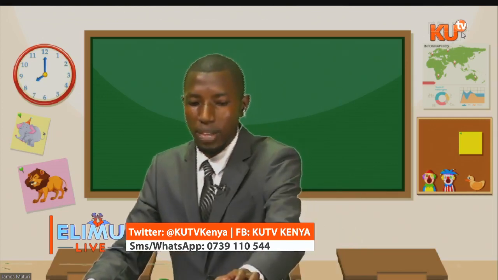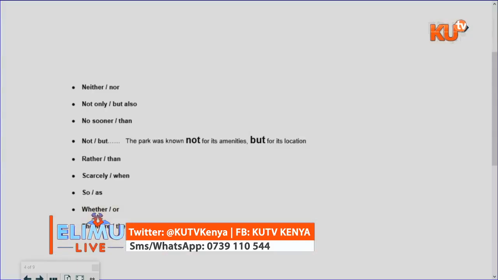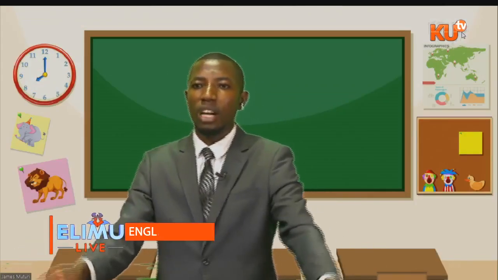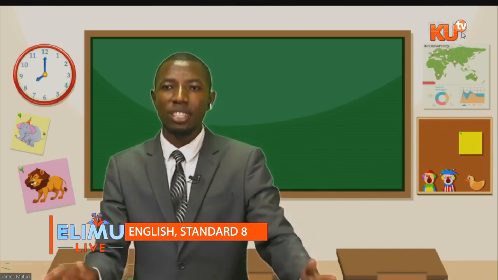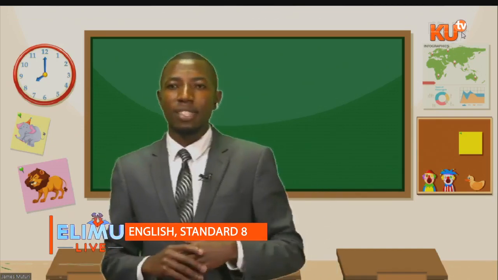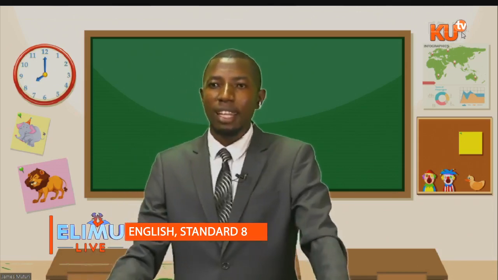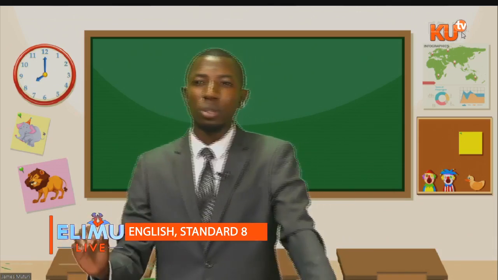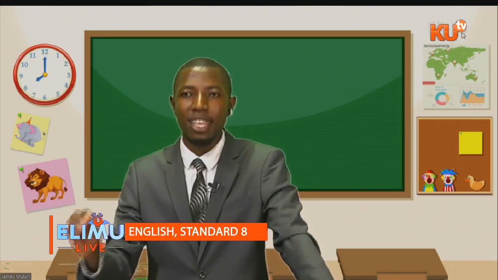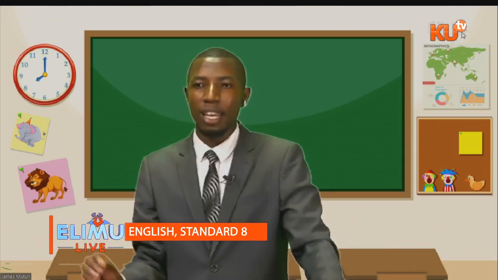Sorry, I did not get the question well. Somebody is asking the definition of a coordinating conjunction. A coordinating conjunction, as I wind up, is the type of conjunction that joins two words, two phrases, two clauses that are independent. Let me give an example in a sentence.